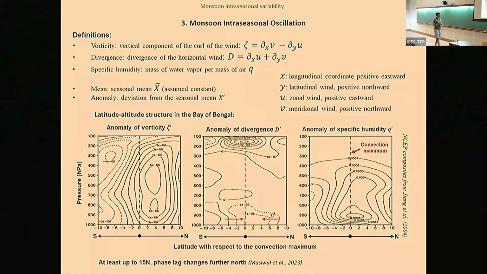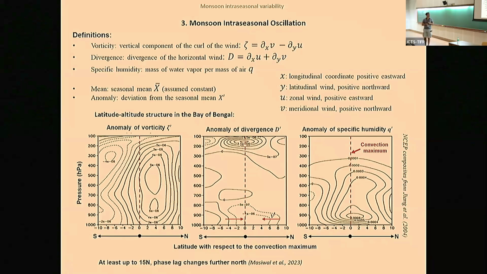Now, when it comes to the phase lag between the convection, here at 0, and the vorticity, very recently Rajat published a paper that shows that if you don't do the composite over every latitude with respect to the center of the convection here, your phase lag between convection and vorticity changes with the latitude, and it reduces with the latitude along the propagation towards the north.